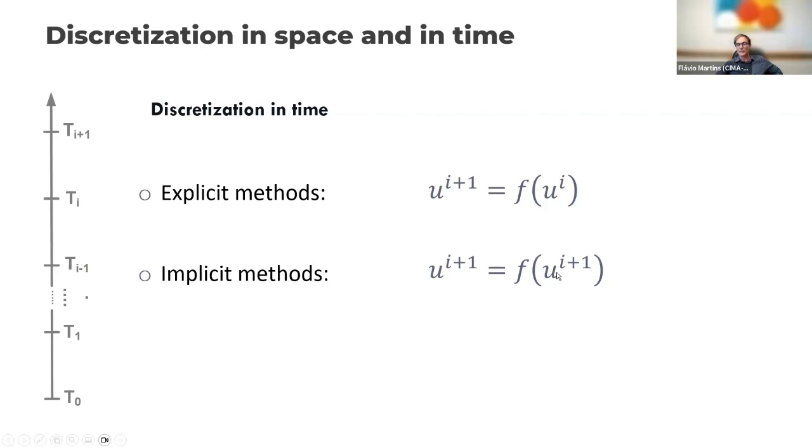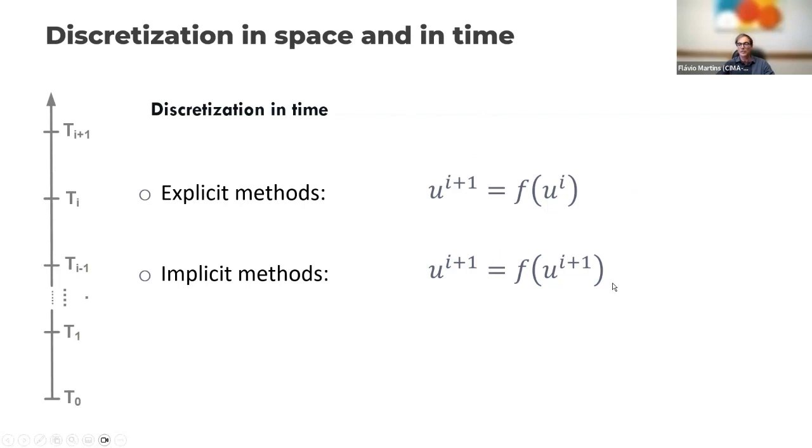But the problem is that to know this, I need this, and to know this, I need this. So everything is connected, because I also don't know the neighbors, because they are at the new time. So the method I need to use to solve this is to solve a system of equations. I cannot solve them individually as I could do in the explicit method.